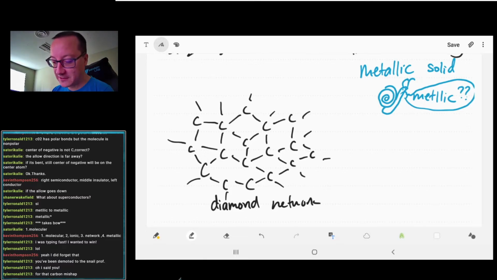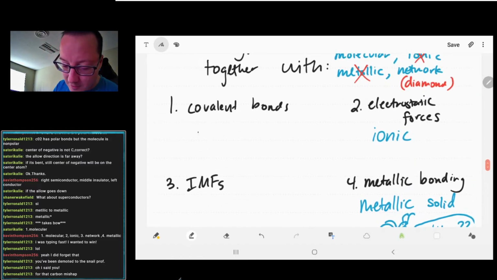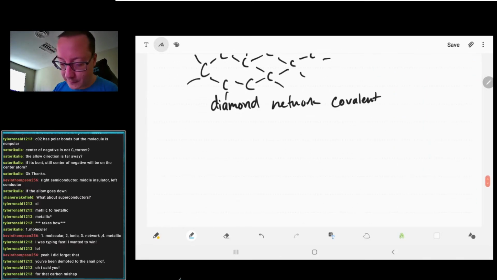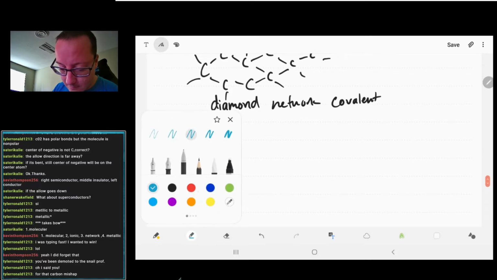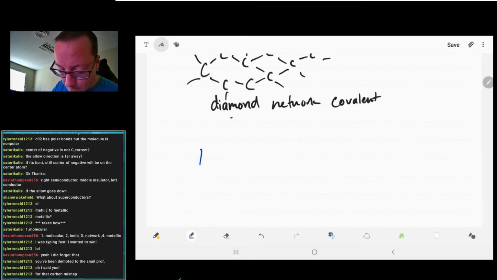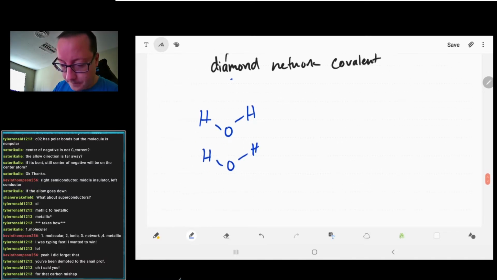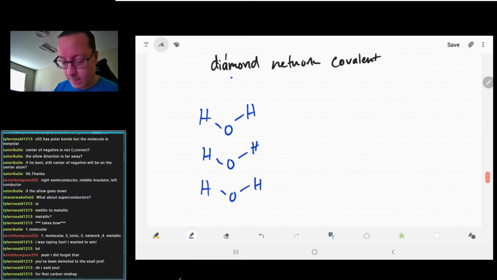So these are going to actually just have covalent bonds. And so we're going to see that this is where our network solids are going to be. The IMF ones would be what hold molecular solids together. So if, for example, water, if we want these to be solid, they're going to arrange themselves in nice little crystals.